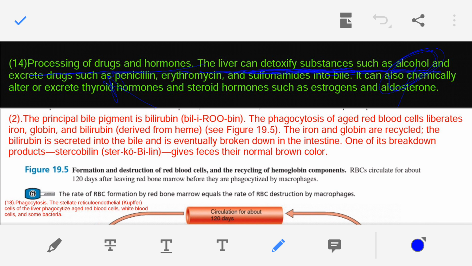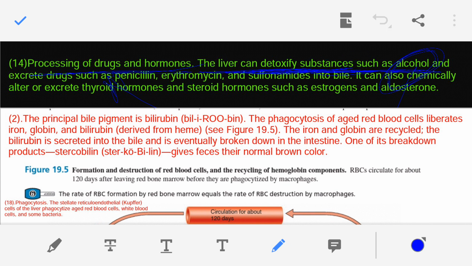So now the liver can detoxify substances such as alcohol, then excretion of drugs, for example the tablets that we have to take whenever we fall ill. In these tablets, penicillin is there, erythromycin, sulfonamide, and these are all excreted into the bile.